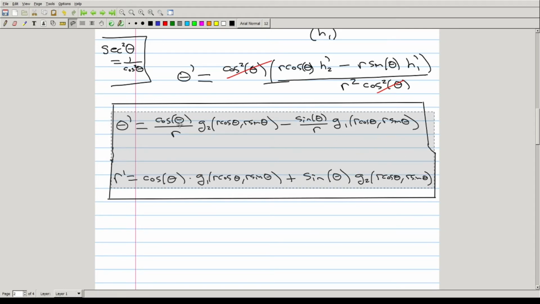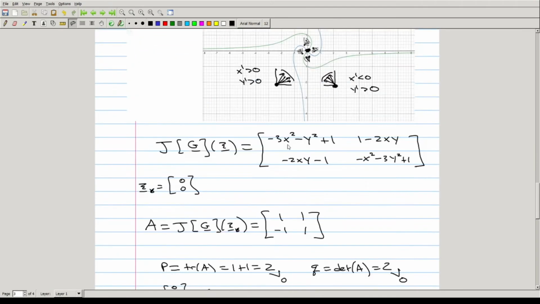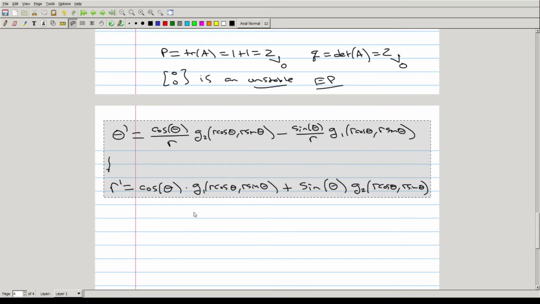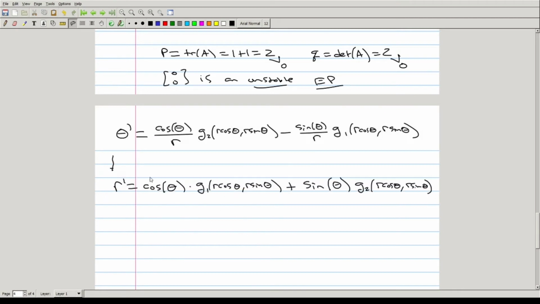This is a very convenient system to use because the system that we've chosen to analyze only has one equilibrium point, and this is at the origin, at 0, 0.